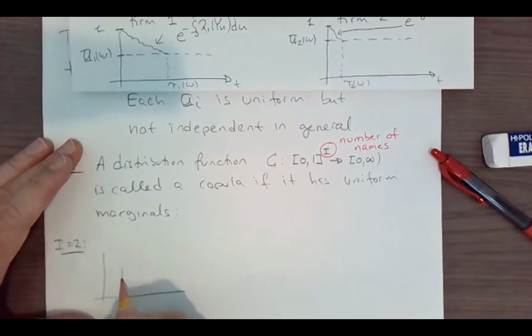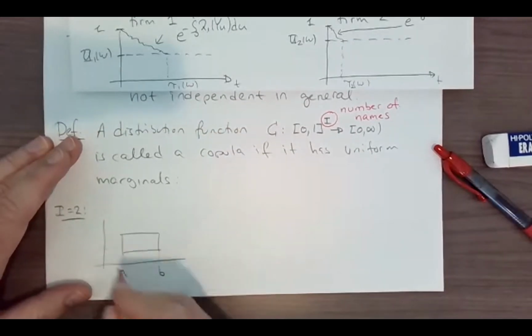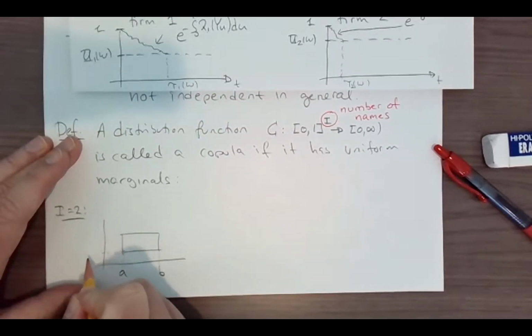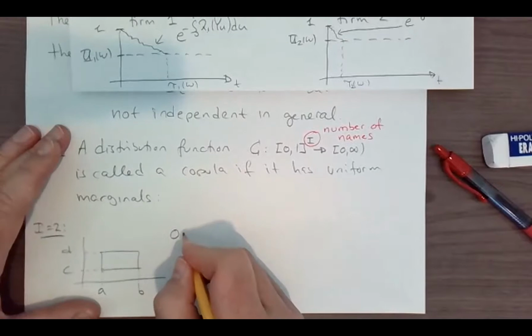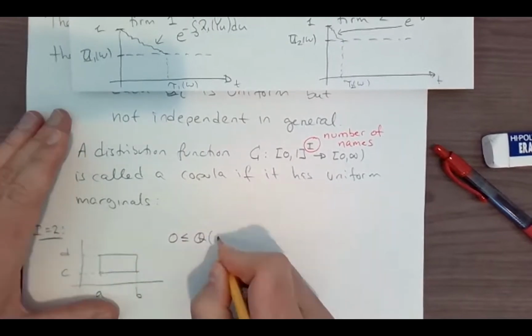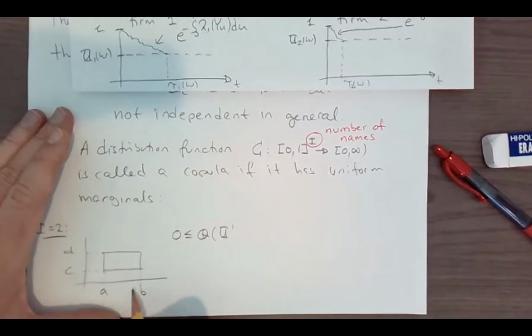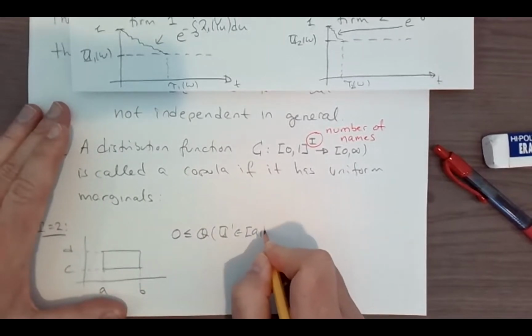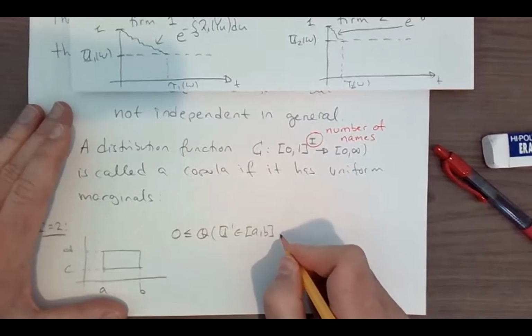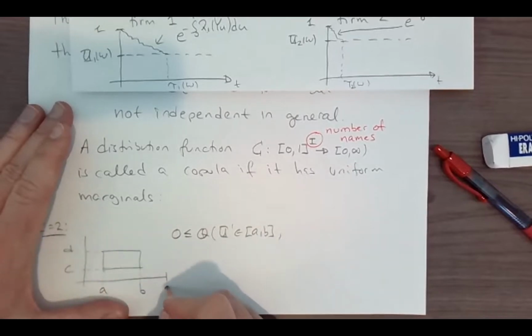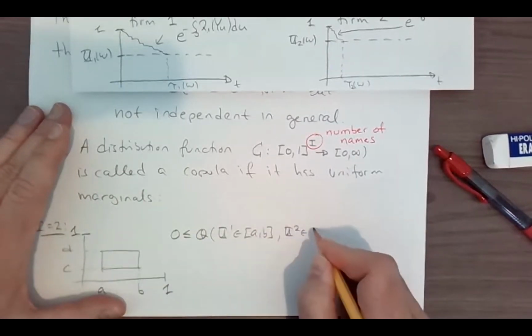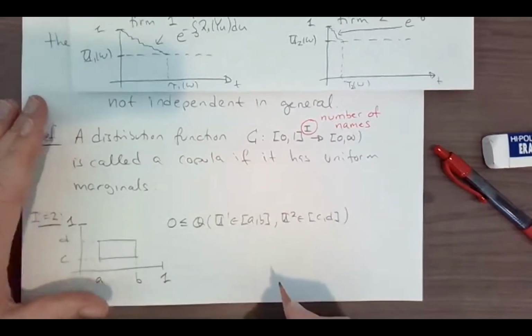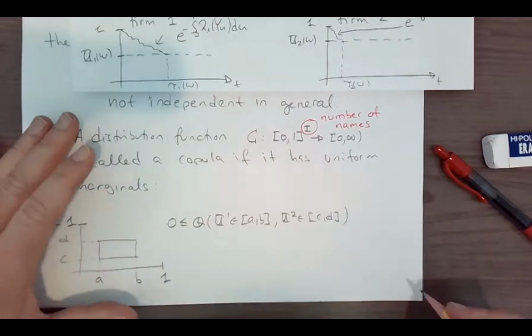If I look at a little square here, this is my A, this is my B, and let's do a C and a D. I'm looking at the probability that U1 is between A and B and U2 is between C and D. We have a 1 out here and a 1 out here. I want this to be positive.